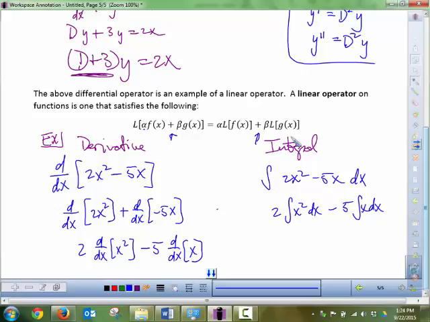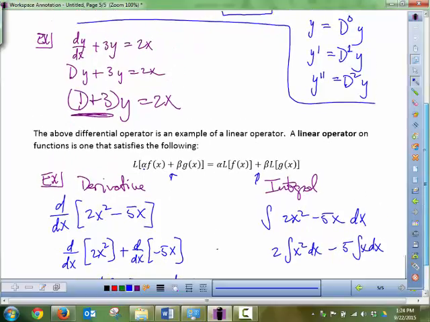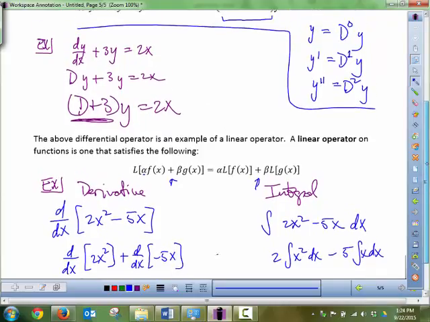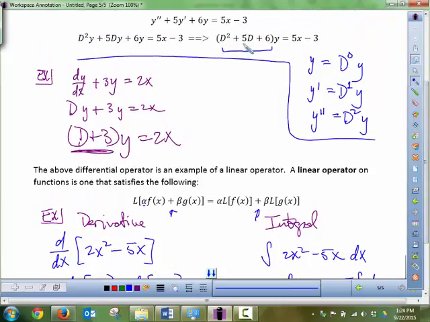All right. So it turns out that this operator, D plus 3, is also considered a linear operator. D squared plus 5D plus 6 is also a linear operator. So these are all linear operators, which means we can take advantage of splitting them up term by term and then taking the constants out.